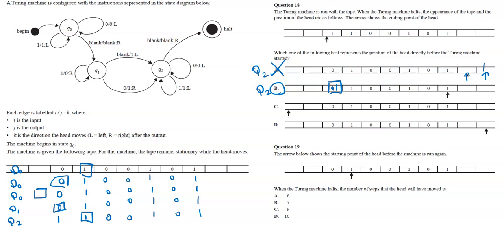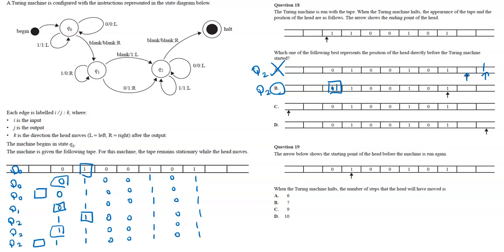With Q2, we keep moving to the left. So we'll do this step by step, won't we? So as the next step, still in Q2, 1, 1, 0, 0, 1, 0, 1. Then we hit a blank. And then this puts us in that halting state.